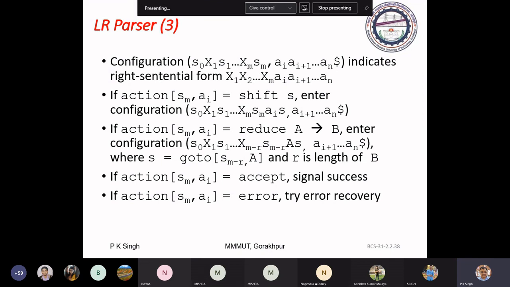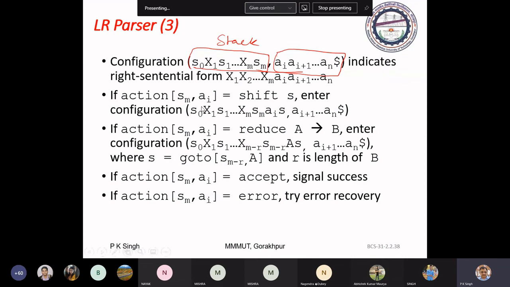See, here it is given the configuration of the parser. Configuration is the content of the stack up to here, and here we have the input string from the position of the input pointer to the right up to the dollar.